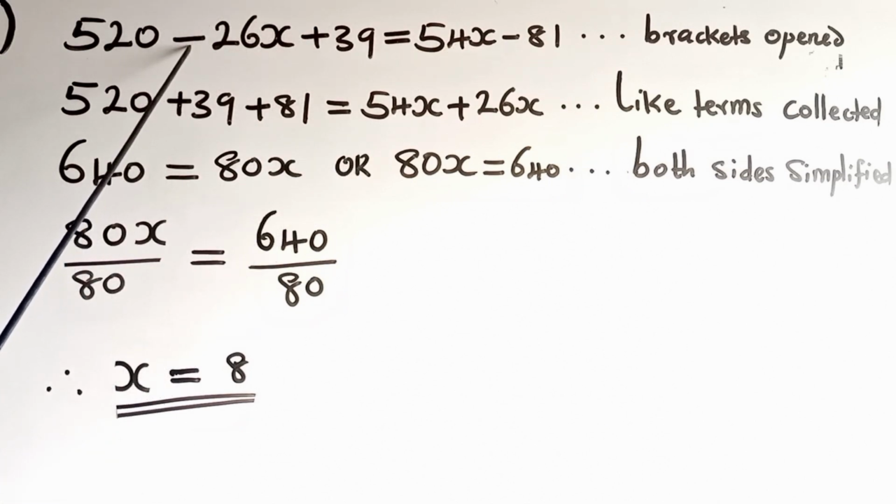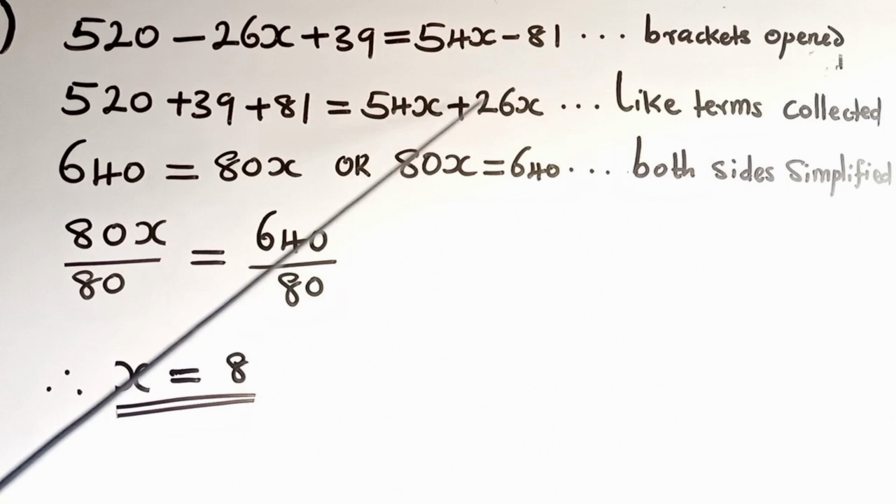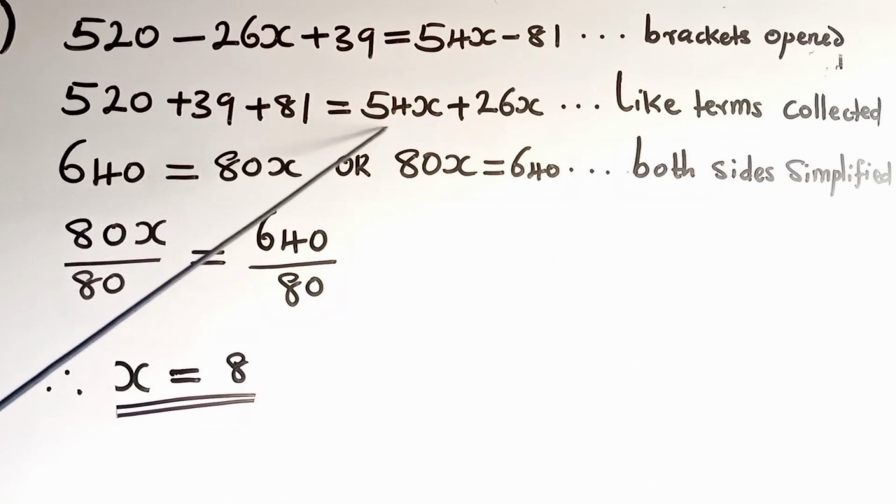It is minus here, so it has become plus here. I hope you also understand. With this, the like terms have been collected. That is, constants, only constants without variables, are on the left-hand side. And all the things that contain x, the variable, are on the right-hand side.